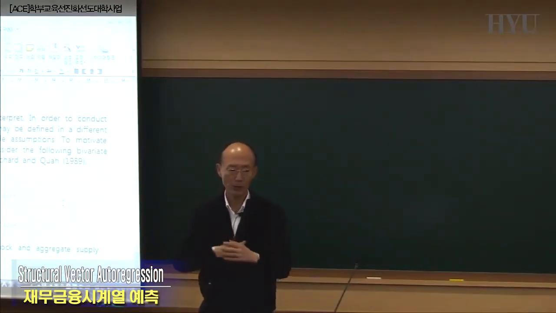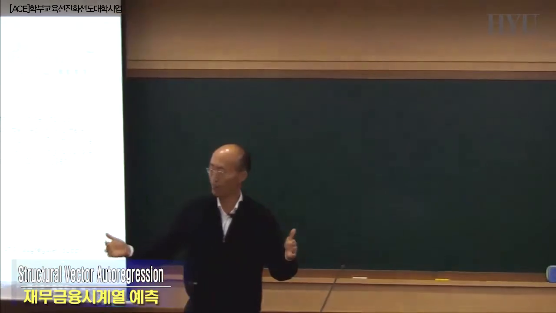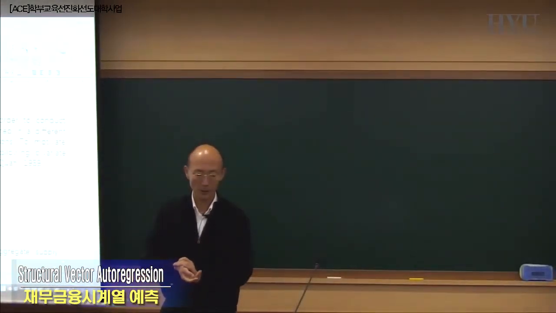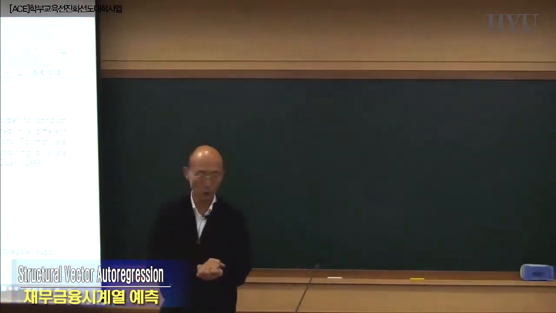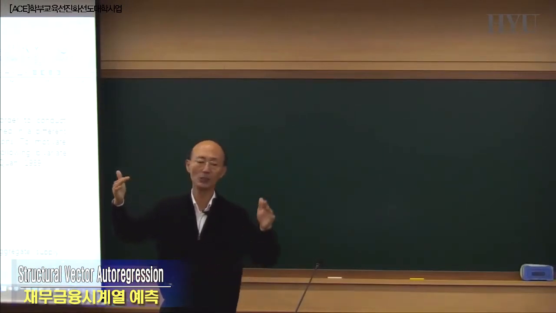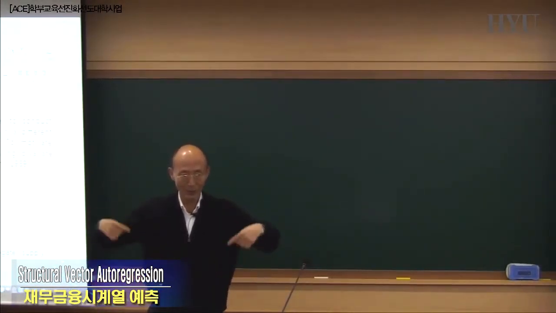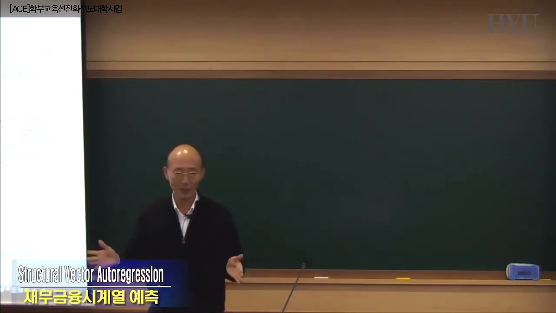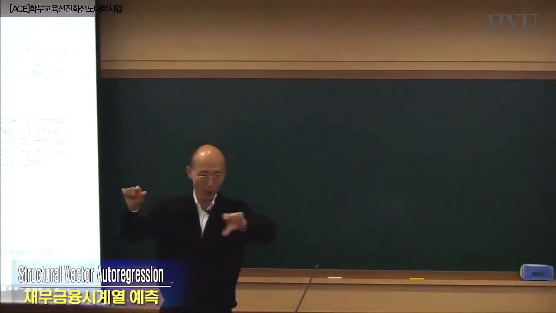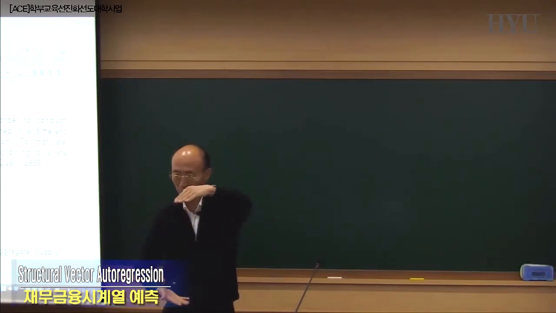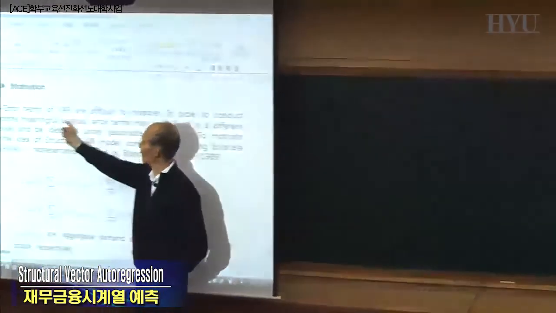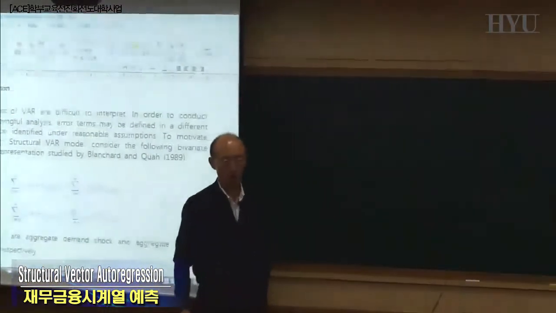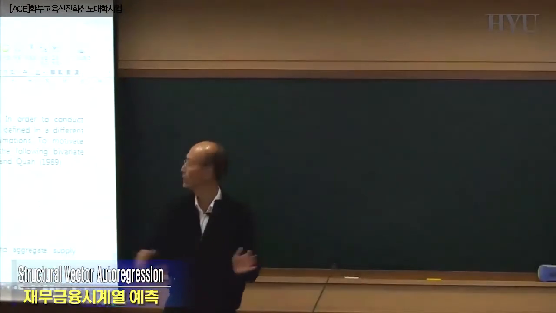And when we try to calculate the impulse response function, we didn't intend it, but by applying Cholesky decomposition, we are building a system of equations in a recursive way. But in reality, things are not determined one by one. They're determined at the same time, right? But because of the structure of the original VAR approach, you can't avoid that.